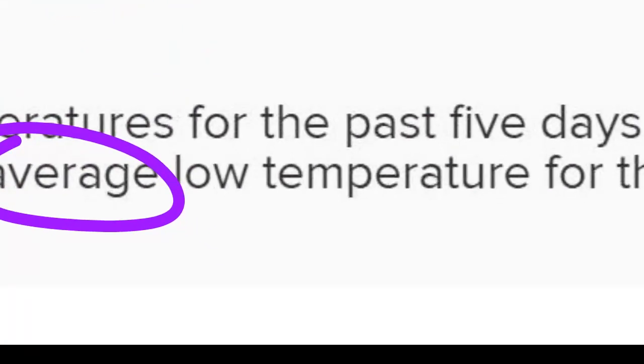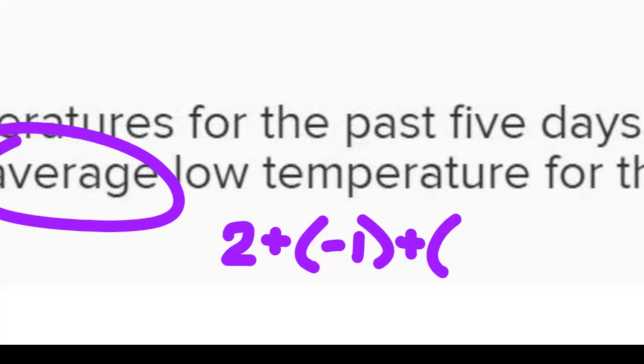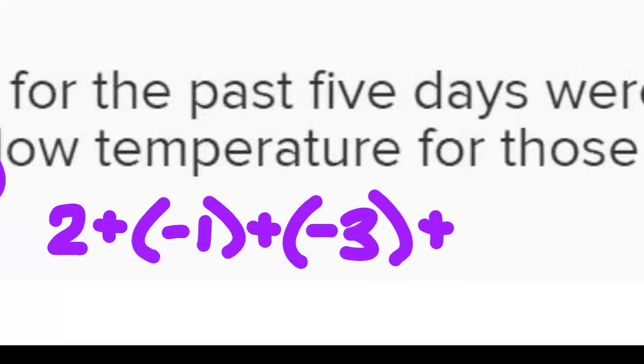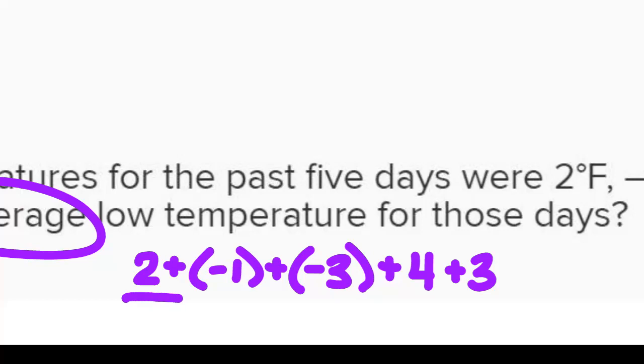So we're going to take 2. We're going to add that to negative 1. We're going to add that to negative 3. We're going to add that to 4. And we're going to add 3 onto that.